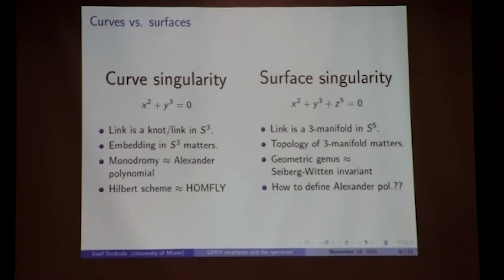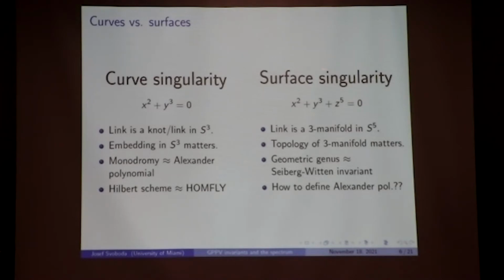This is work of Oblomkov, Shende and Maulik, conjectured and then proved, which says that you can also express the HOMFLY polynomial, a generalization of the Alexander polynomial, using some Euler characteristics of pieces of the Hilbert scheme, so using some analytical information. This is a very interesting story, but so far there is no analogy in higher dimensions. There are many hopes, but so far, yeah.